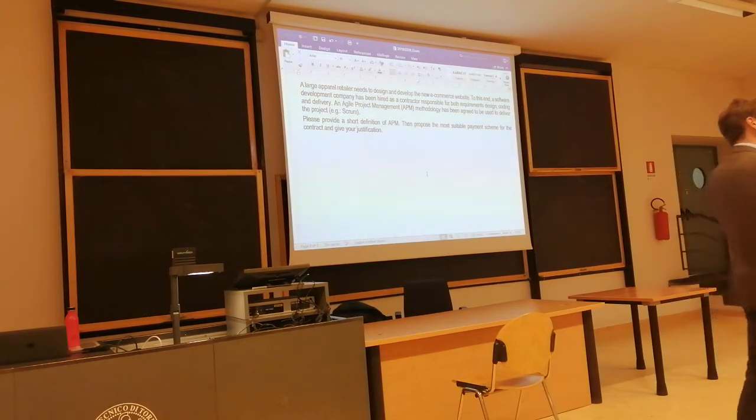You know what is iterative development, incremental delivery of the project, a time box, a development team. You know what are the 4 values and the 12 principles of Agile Project Management.